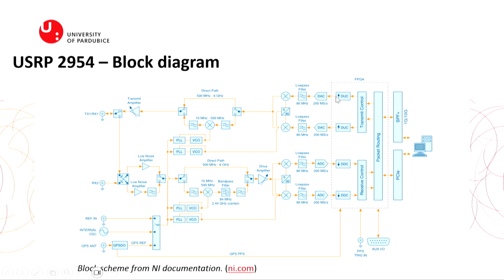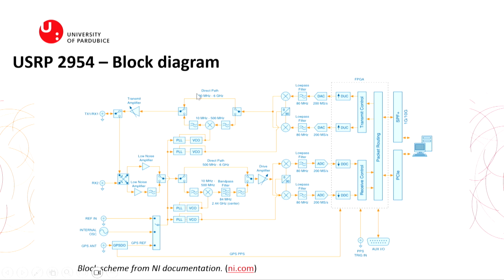Or this one, not this one, for transmission and receiving, of course, because you can switch. So there is DAC conversion, low pass filter at 80 megahertz. This is just conversion of phase.